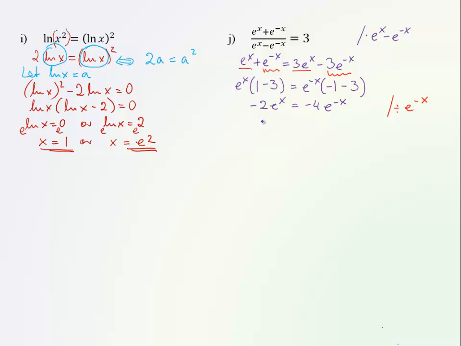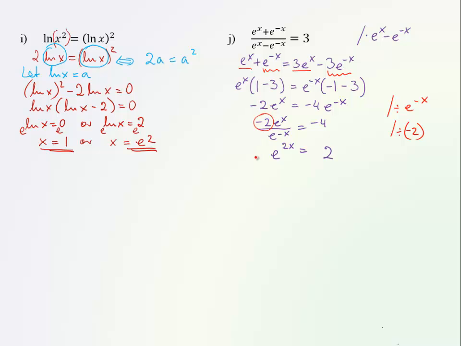So we end up with negative 2 e to the x over e to the negative x equals negative 4, and e to the negative x disappears because it was divided by. Now we could divide by this negative 2 to get rid of it from the left-hand side, as well as combine the exponents, because then we'll have the same base, so it's e to the x minus negative x, so it's 2x, equals negative 4 divided by negative 2 is just 2.